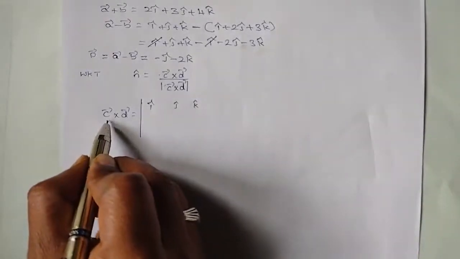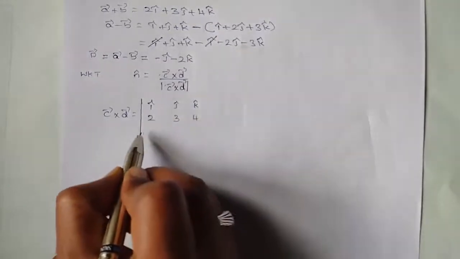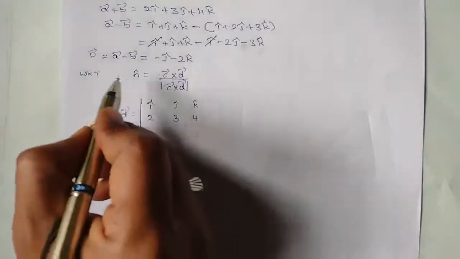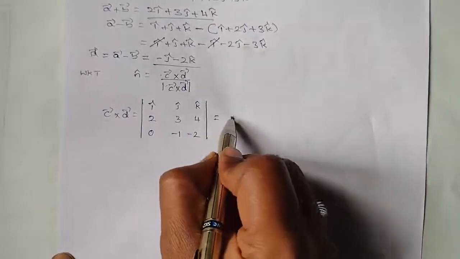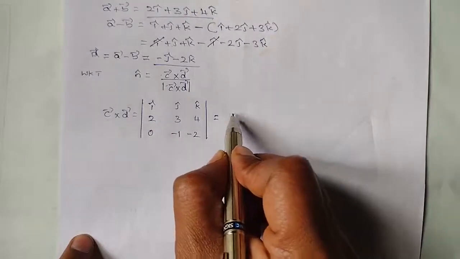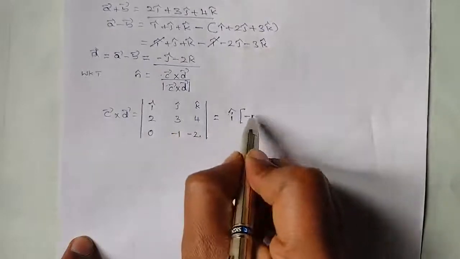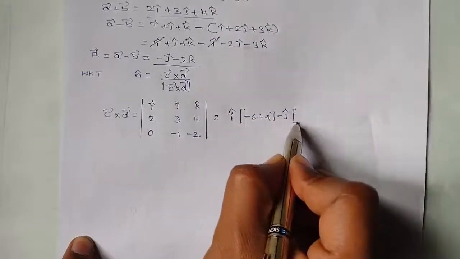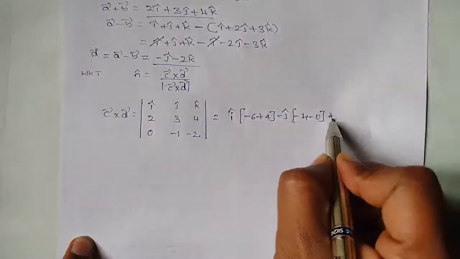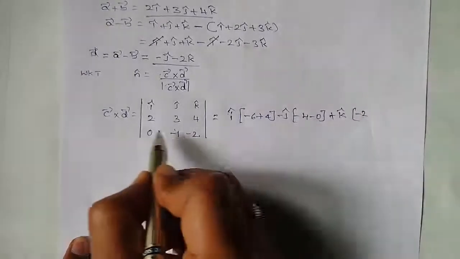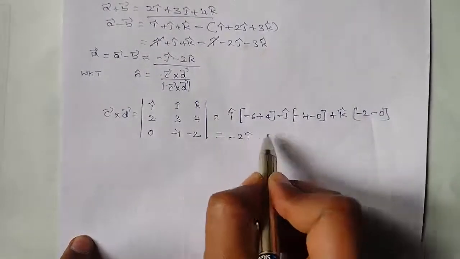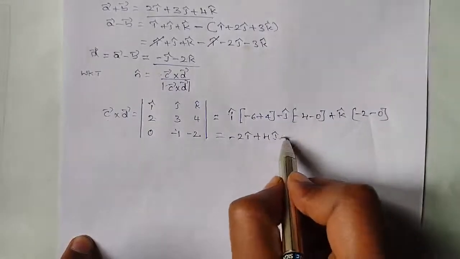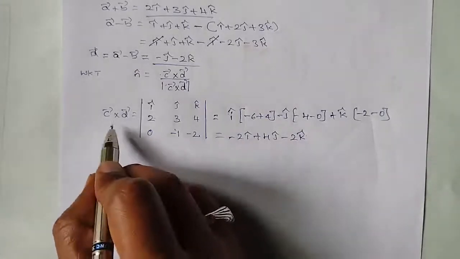The coefficients of c vector are 2, 3, 4, and the coefficients of d vector are 0, minus 1 and minus 2, since there is no i. This equals, by multiplying and cancelling, i into 3 twos are minus 6 plus 4, minus j into minus 4 minus 0, plus k into 2 ones are minus 2 and 3 into 0 is 0. This equals minus 6 plus 4 means minus 2i, minus into minus gives plus 4j, and minus 2k cap. So this is the required c cross d.